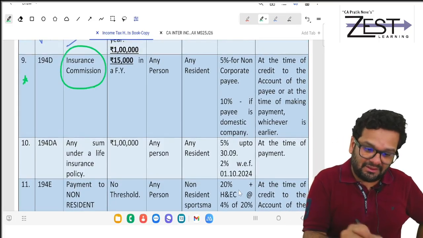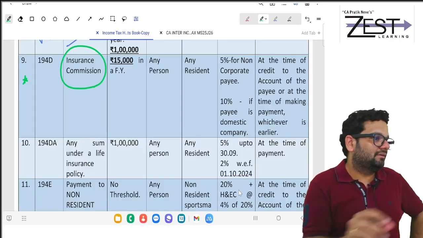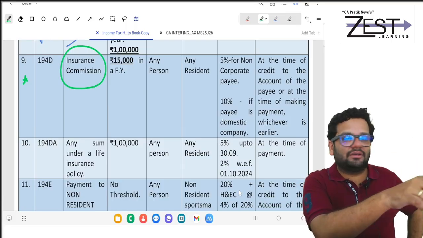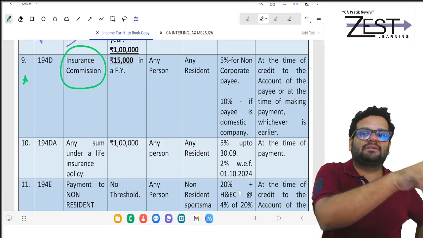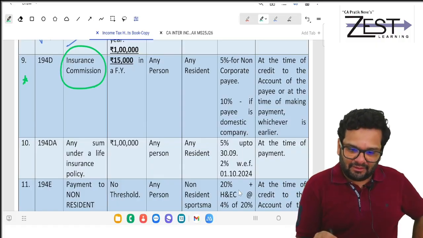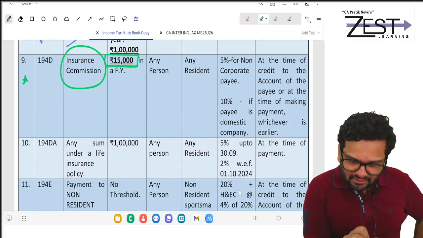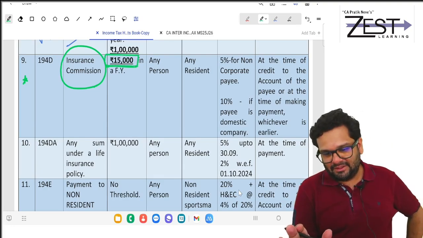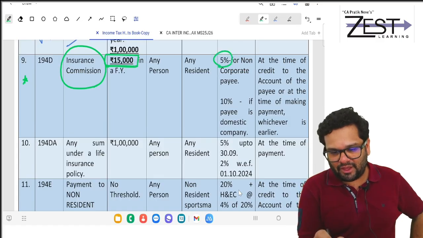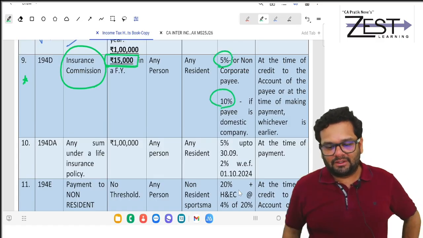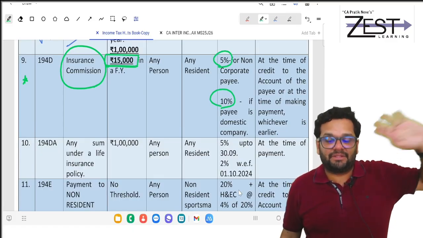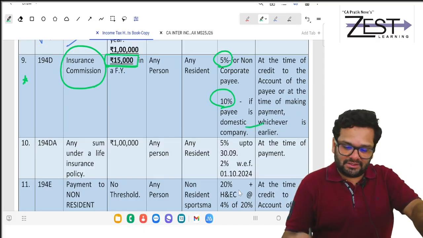This insurance agent is getting commission from the insurance company. If that commission exceeds 15,000, TDS will happen. TDS will happen at 5% for non-company, 10% if that agent is a company. When to do TDS, you know.